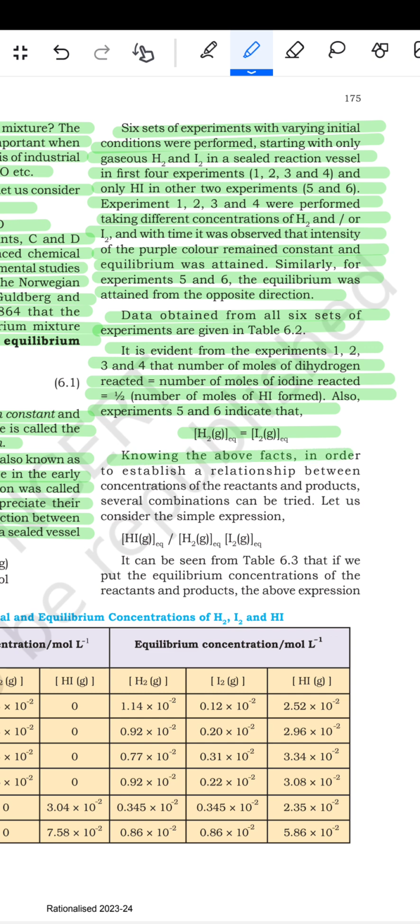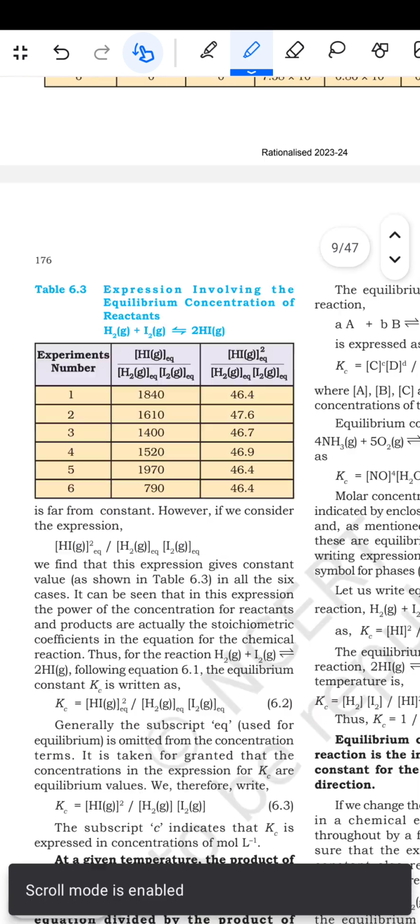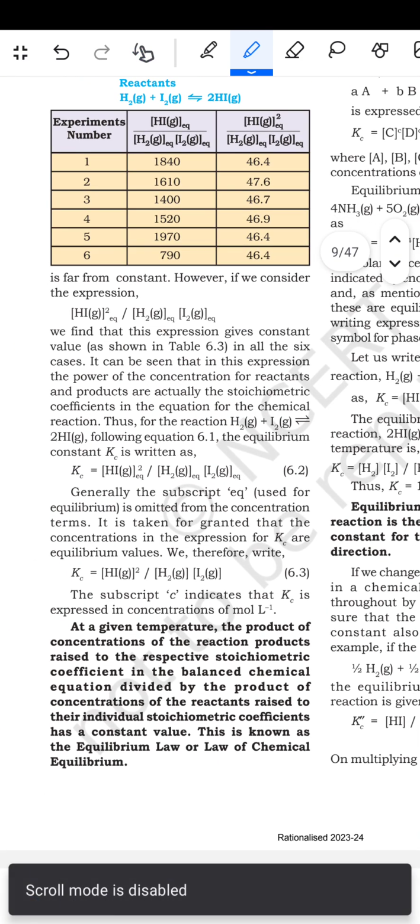So knowing the above facts, in order to establish a relationship between the concentrations of the reactants and the products, several combinations can be tried. Let us consider the simple expression [HI]/[H2][I2]. So it can be seen from table 6.3 that if we put the equilibrium concentrations of the reactants and the products, the above expression is far from constant.